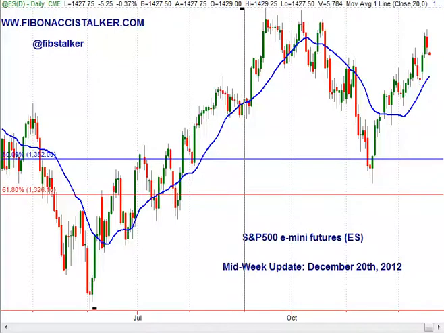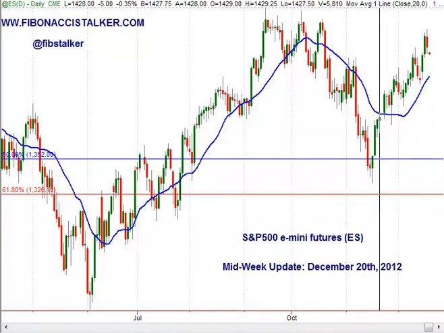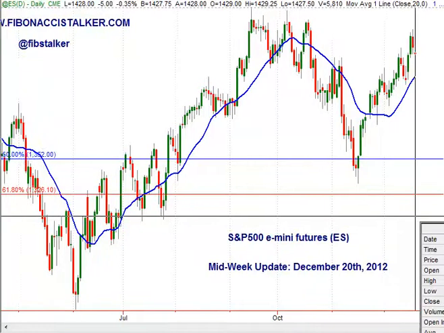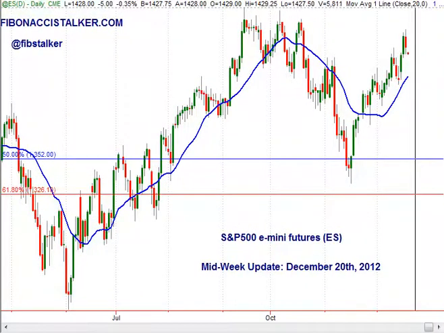So there were two different signals provided on the cash SPY and on the futures, but the futures was able to defend this level. It never went below 1326 on the continuous contract here.